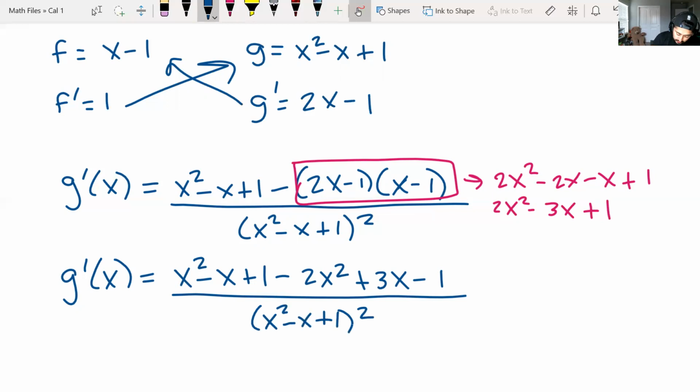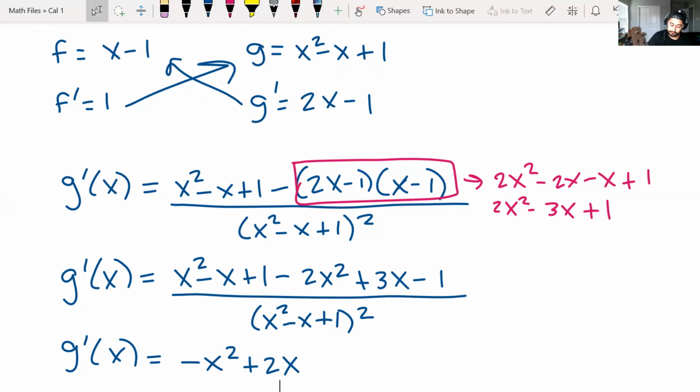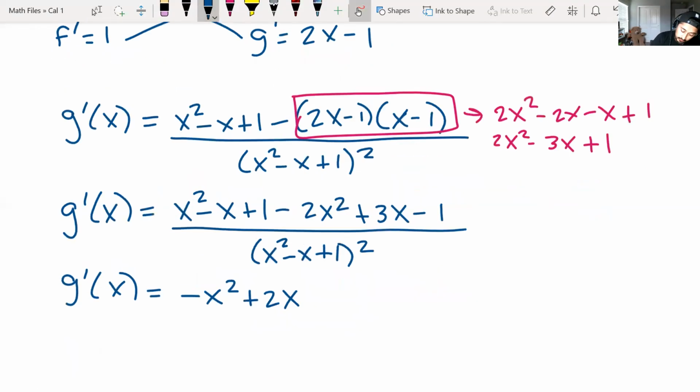Last cleanup, the derivative is equal to negative x squared plus 2x. That's it. Your ones cancel, over x squared minus x plus 1 squared.